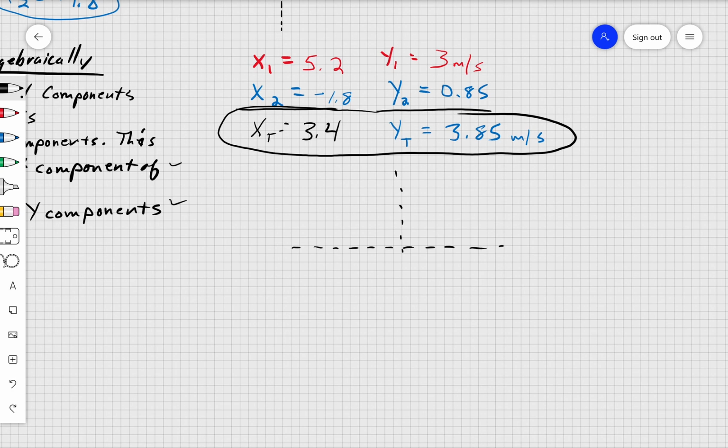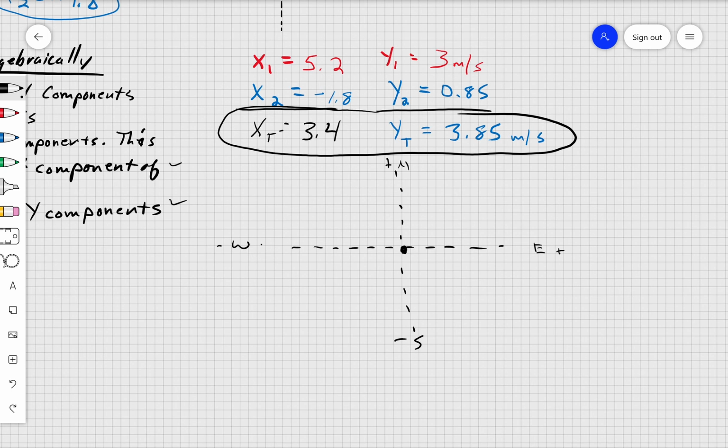So here's my north, south, east, west, or positive, right? East is my positive direction, west is my negative direction. All right, positive north, negative south. Here's the origin. Looks like we have a y component, and again, it doesn't matter if you begin with the x or the y. At this point, we're doing what we did in the very first example.